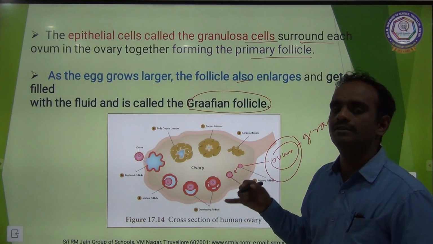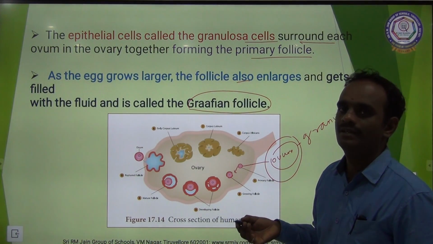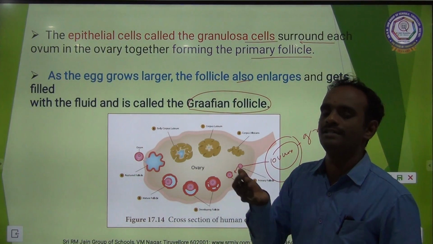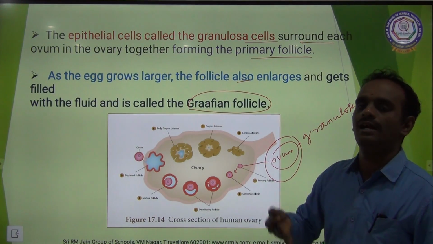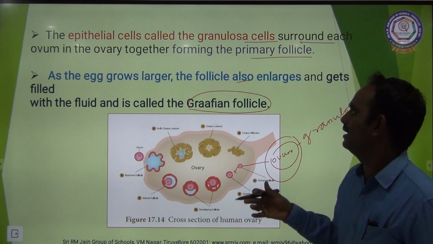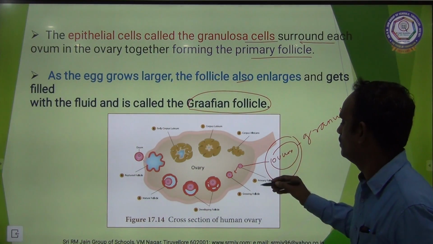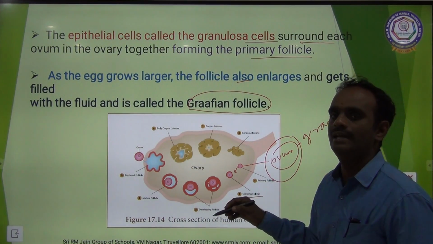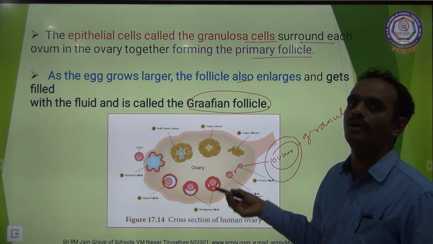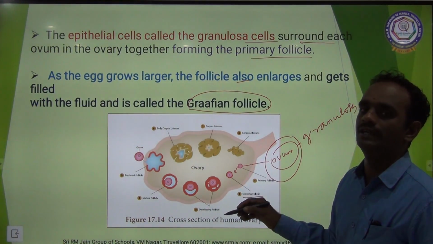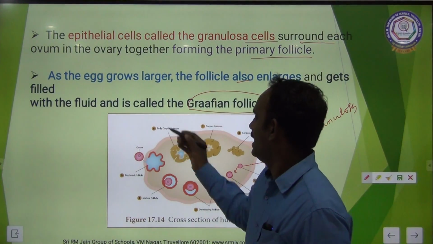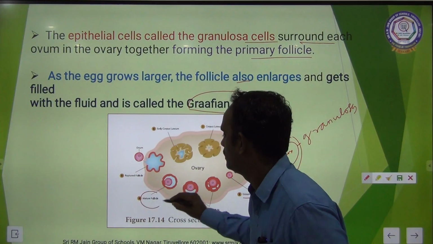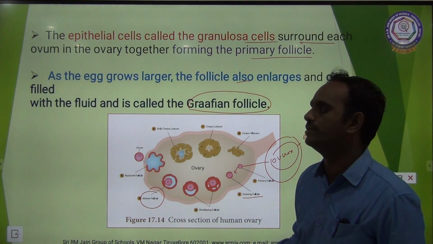The primary follicle grows and becomes a growing follicle, then it develops as a developing follicle and this is filled with some fluid. After that it is said to be a Graafian follicle. A mature follicle is nothing but the Graafian follicle.